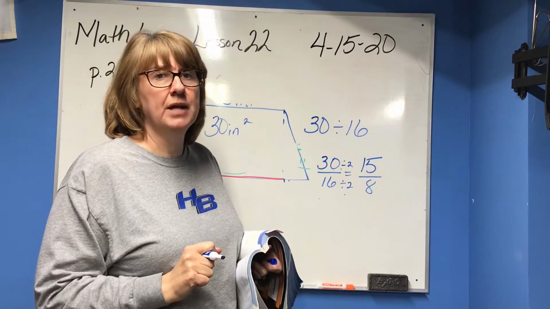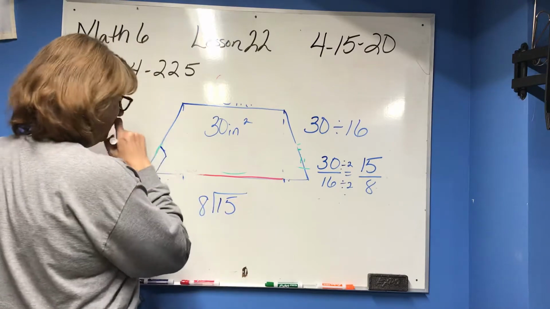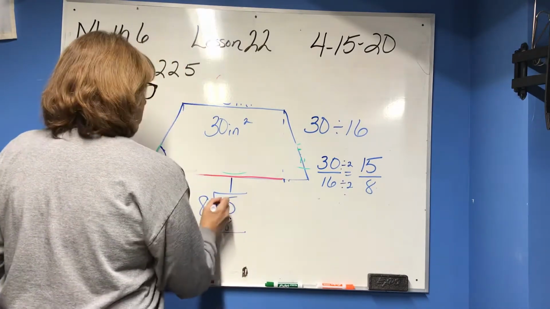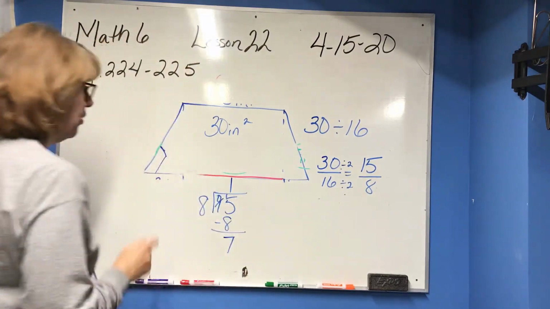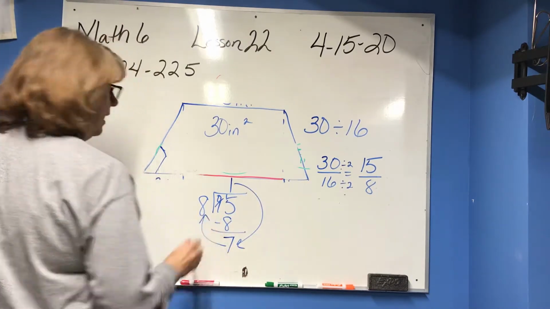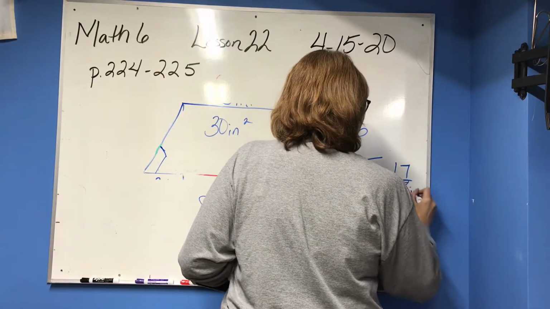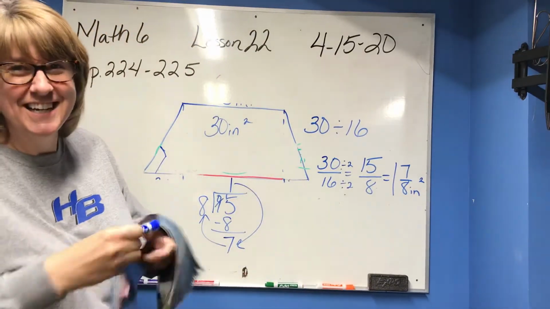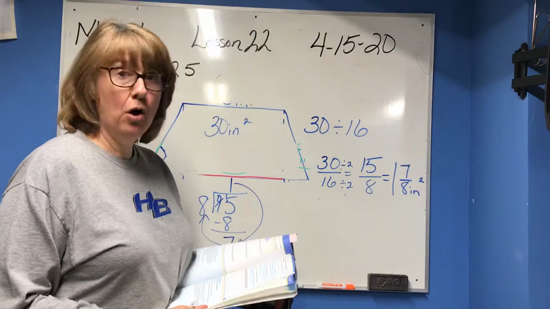How many 8s can you get out of 15 without going over? 2 makes 16, so it's only going to be 1. 15 minus 8 should be 7. You have a mixed number: 1 and 7 eighths. So the answer is 1 and 7/8 inches squared. That's the area of one of those little teeny tiny trapezoids. That's kind of funny. All right, now we're going to switch gears.